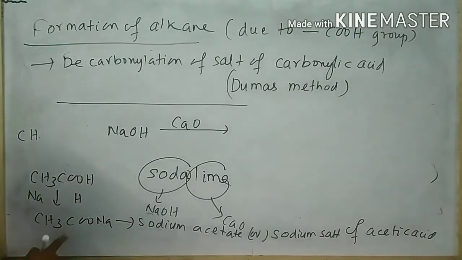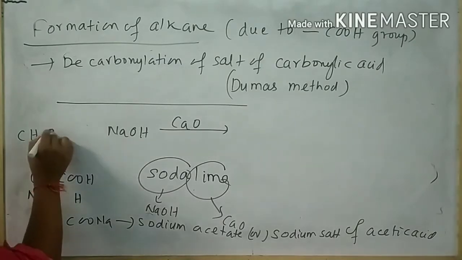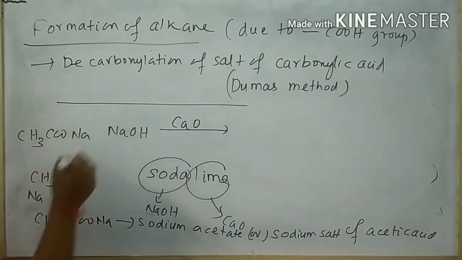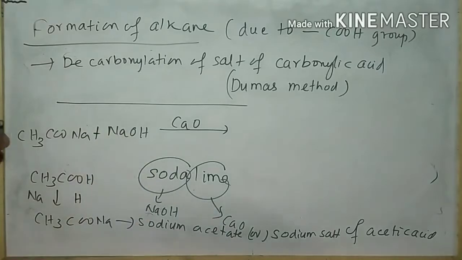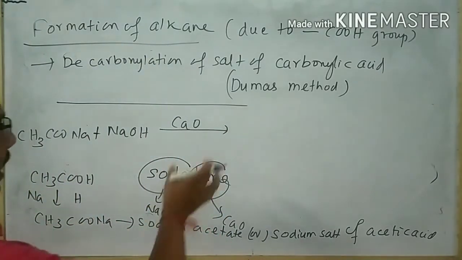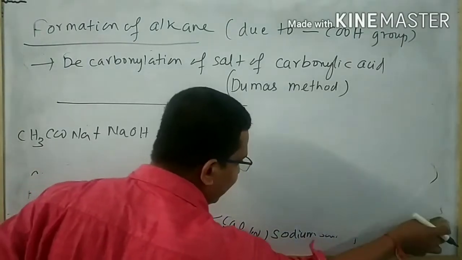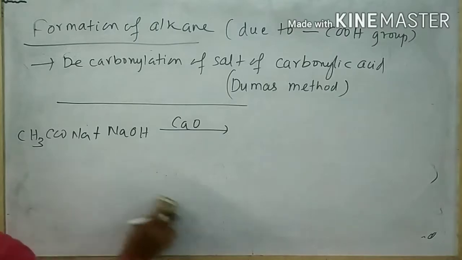This is an example of a salt of carboxylic acid. Now, the sodium acetate reacts with sodium hydroxide, and as a result decarboxylation takes place and gives an alkane. Let me explain which alkane is formed here.